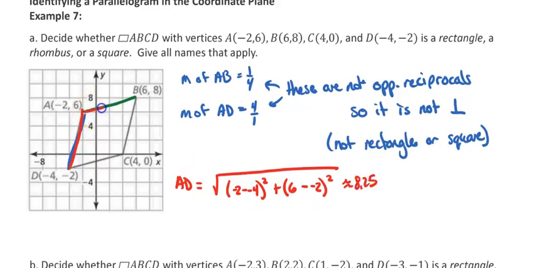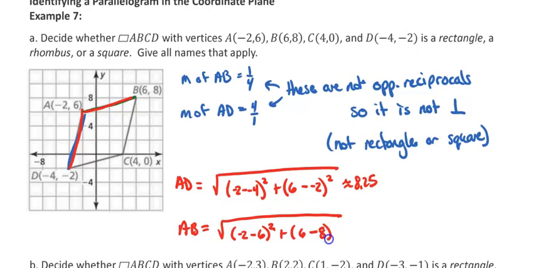So now let's go ahead and find the distance of AB. So same thing, we're going to do x1 minus x2 squared plus y1 minus y2 squared. And we're going to put that in our calculator. All right, which I got is 8.25 also.